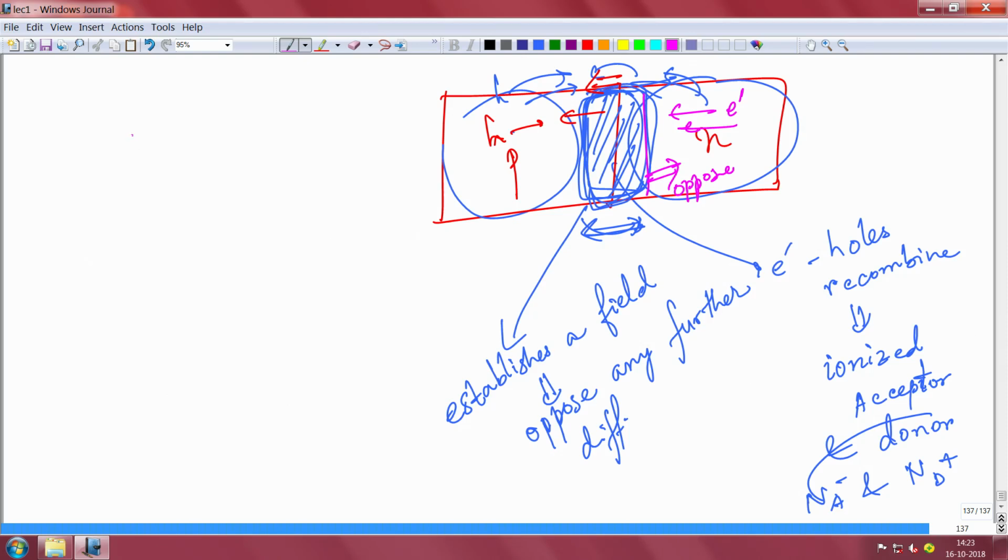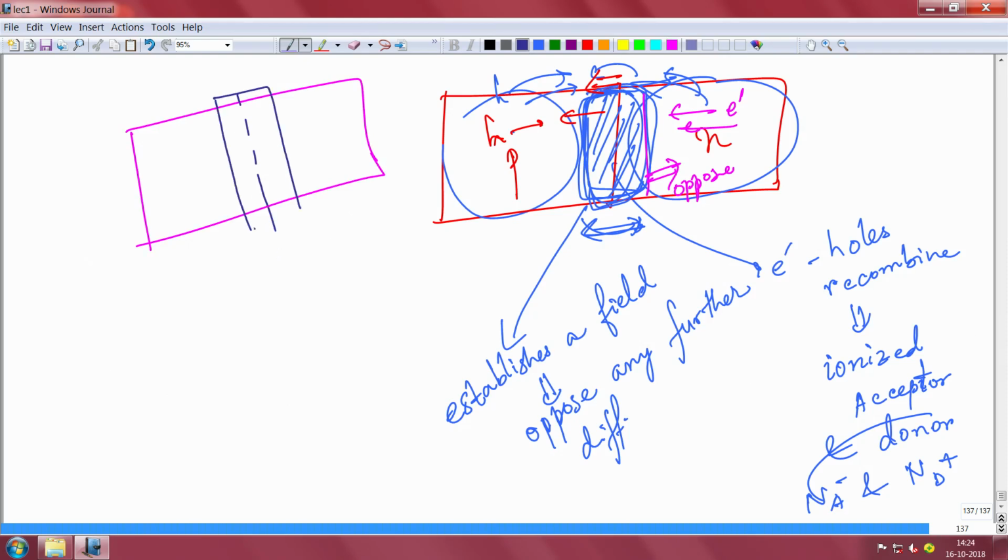So, essentially in equilibrium, there is a junction here, and some part around the junction has this positively charged core and negatively charged core that has been left behind because the mobile electrons and holes have recombined. Here you have a lot of holes and an equal number of Na minus.